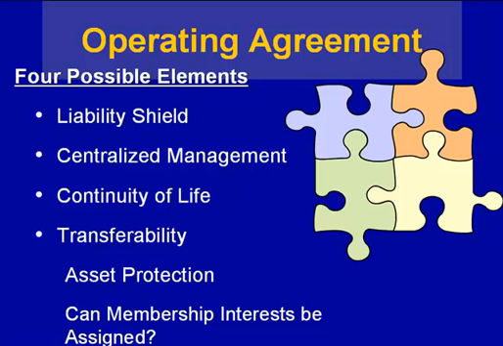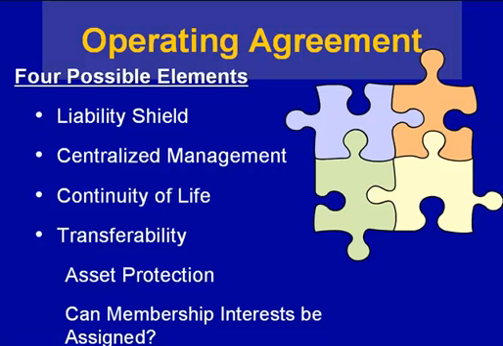By definition of law, an LLC only gets two of those elements. You got more than that, you don't have an LLC. And the attorneys don't understand this. And they say, well, it would be really nice to have centralized management and still have you be able to sell and transfer the membership interests.